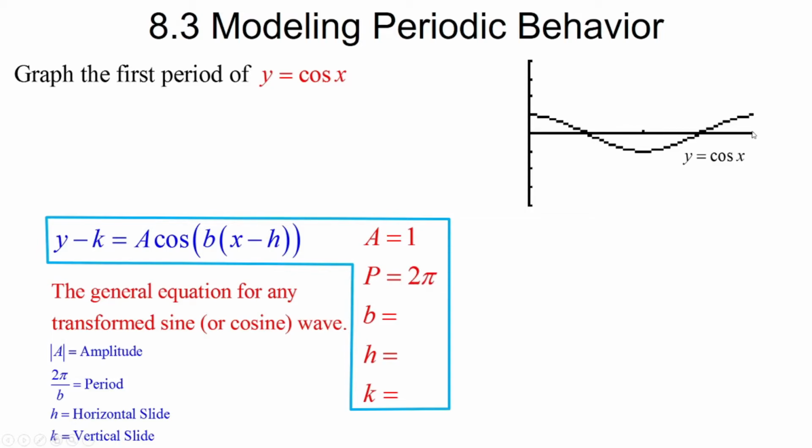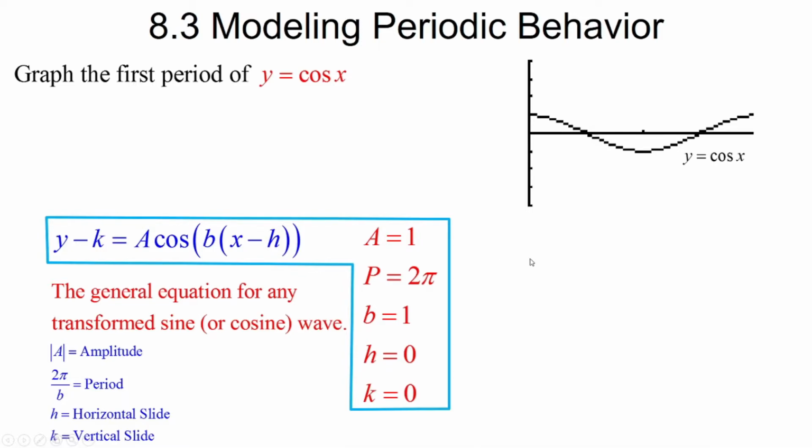And then b, since the period is 2 pi, and 2 pi divided by b gives me my period, the b must be 1. And this cosine function has not been translated horizontally to the right, so h is 0. And this cosine function also has not been translated vertically up or down, so k is 0.